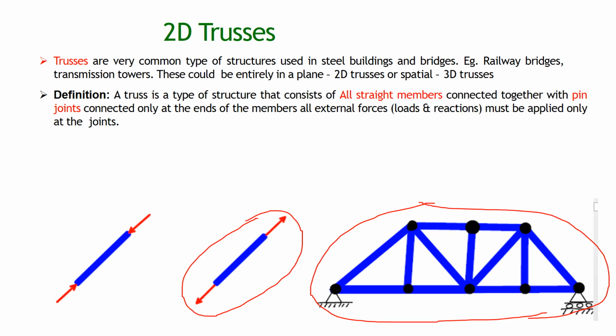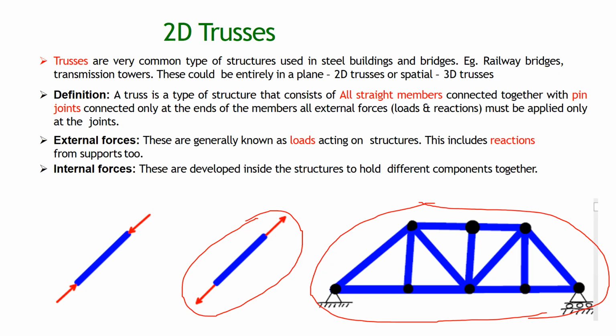That is also an important parameter. The forces may be external forces or internal forces. External forces means compressive or tensile loads, and sometimes the reaction supports. We will consider all these, and it also develops some internal forces with different components.